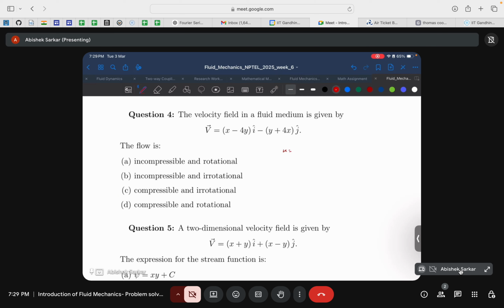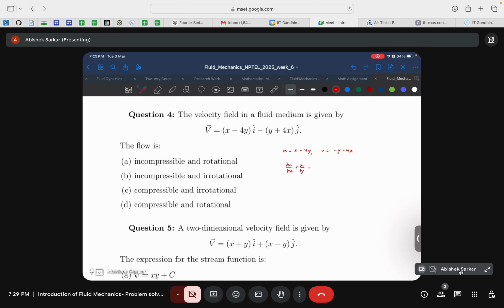So u is x minus 4y, v is minus y minus 4x from this. So dou u by dou x plus dou v by dou y, let us check.